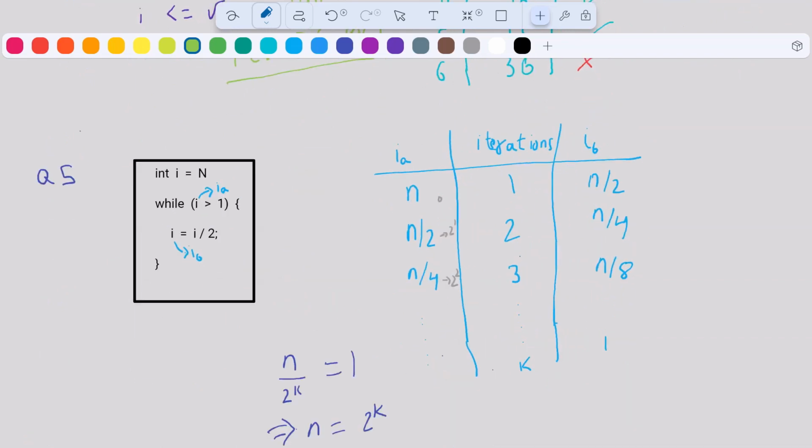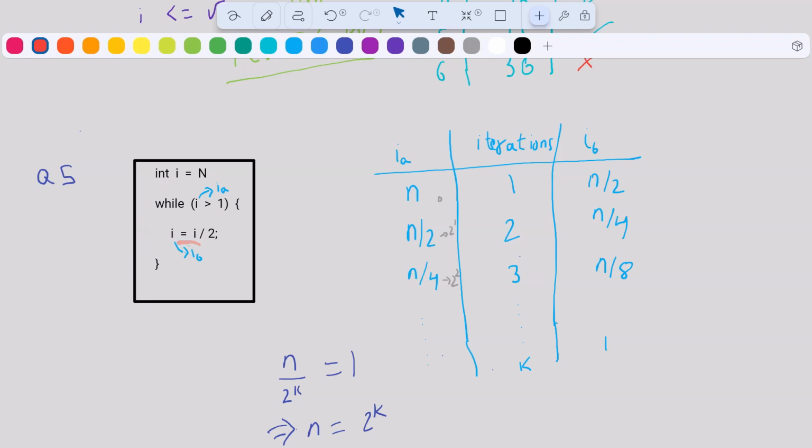Now, in this example you can see that I'm initializing I with n, and in the while loop I'm checking whether I is greater than 1 or not. And under this while loop I am dividing I by 2 and assigning it to I only.